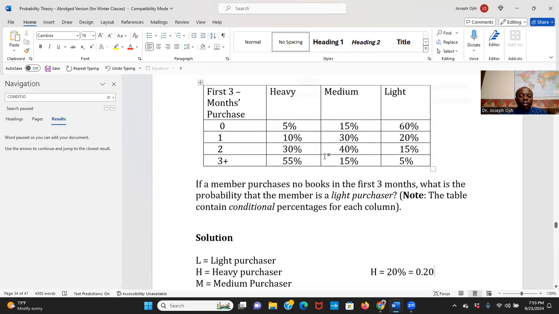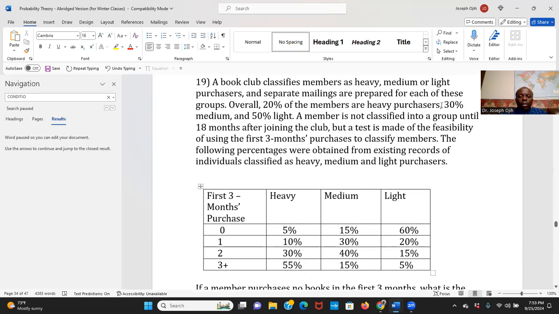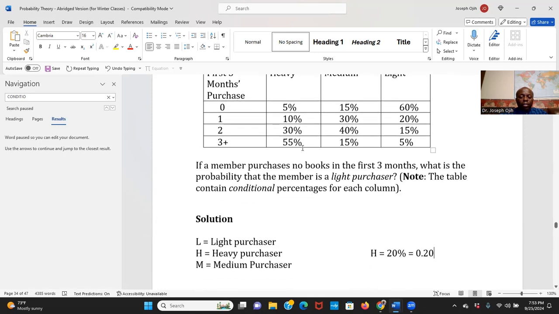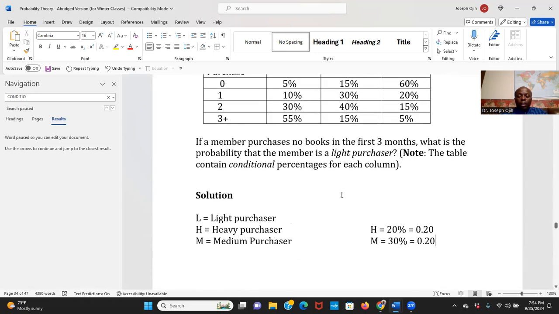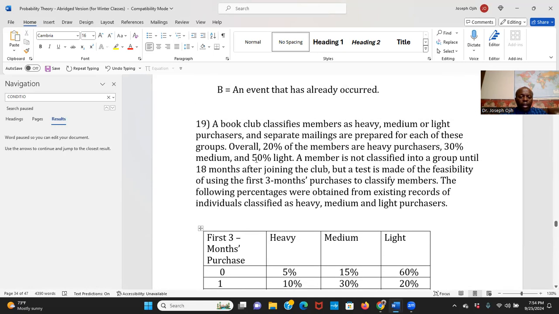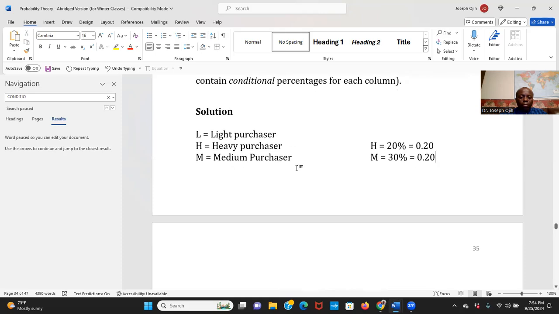It also says that 30% of them are medium purchasers, so medium equals 30%, which is 0.30. Then light purchasers are 50%, which when you change it to decimal is 0.50.